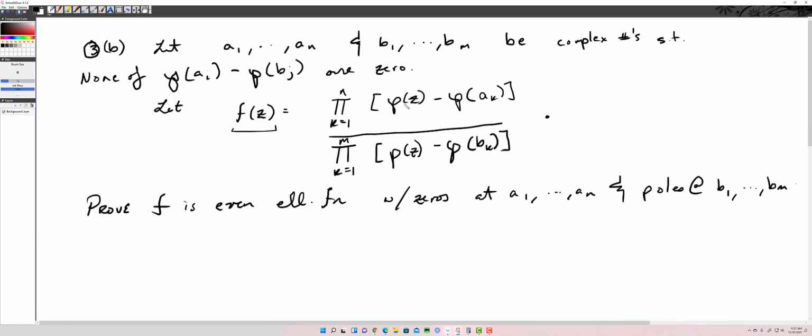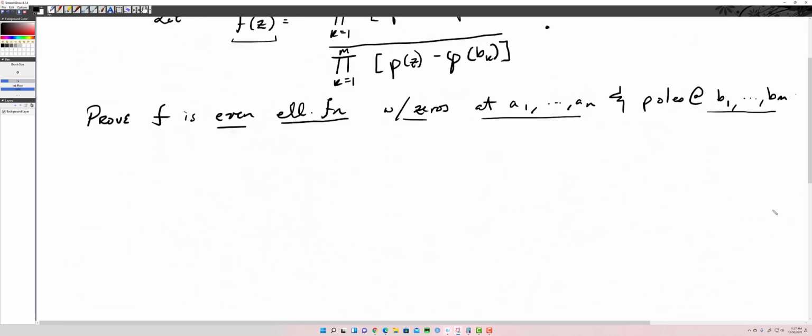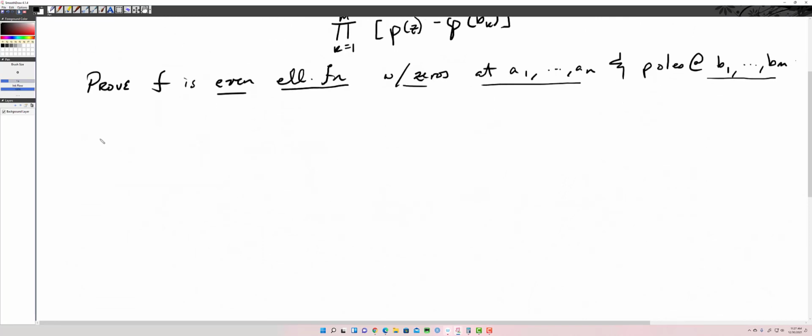And this function is just going to be a product of p of z minus p of these a values and p of z minus p of these b values. We want to prove that f is an even elliptic function with zeros at a1 through an and poles at b1 through bm. So there's a few things we have to do here.